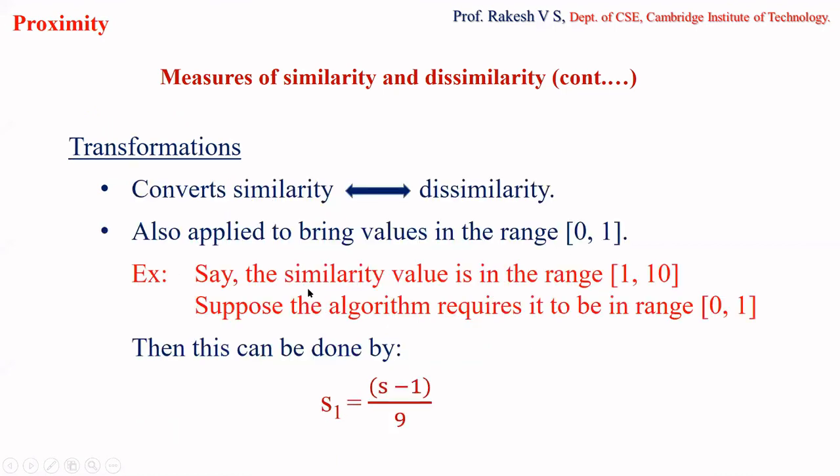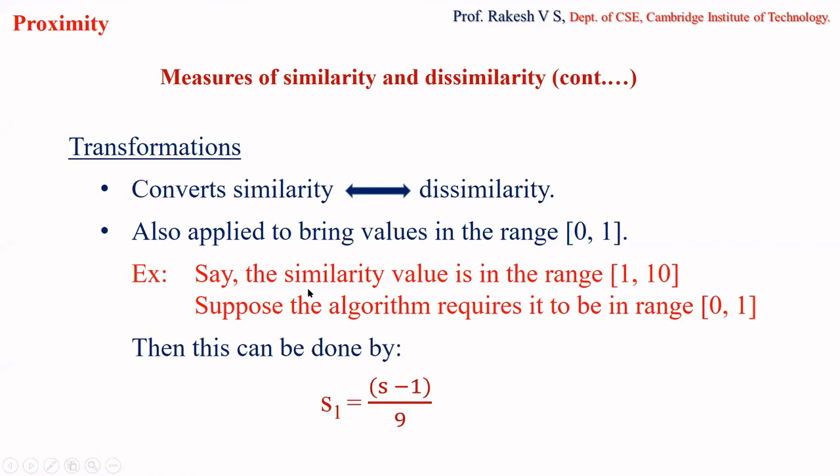One example given here is, say the similarity value is in the range 1 to 10. When I say 1, it means completely no similarity, or completely dissimilar. When I say 10, after applying some measure, I get to know that the similarity between two objects is 10, which means they are completely similar to each other. The higher the value, the greater the extent of similarity.